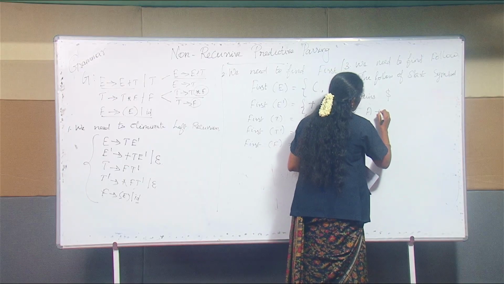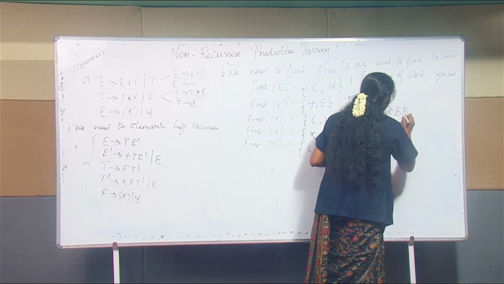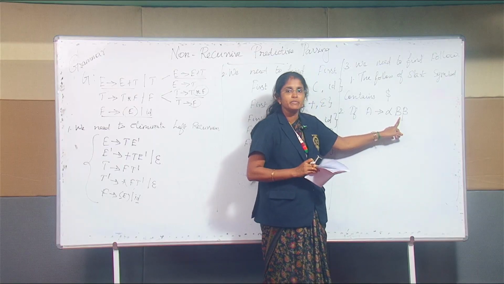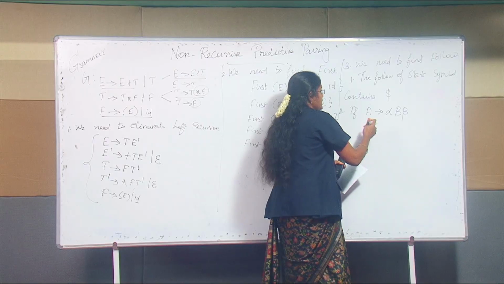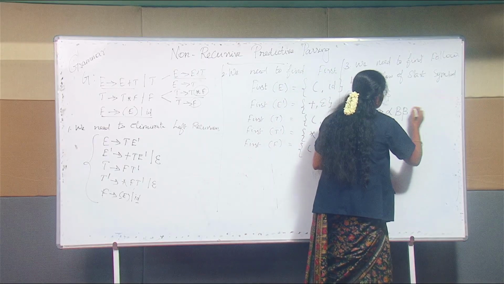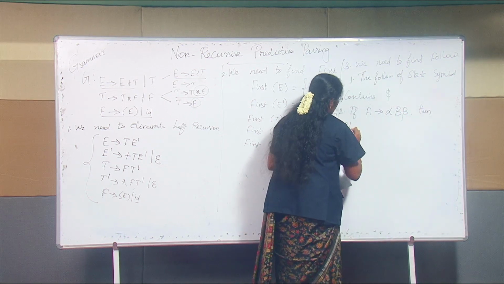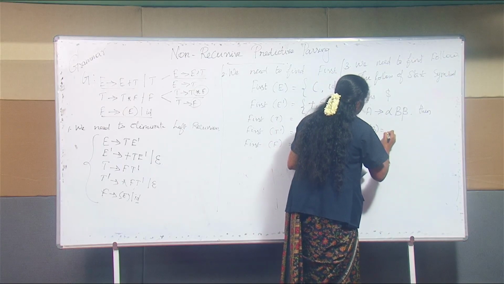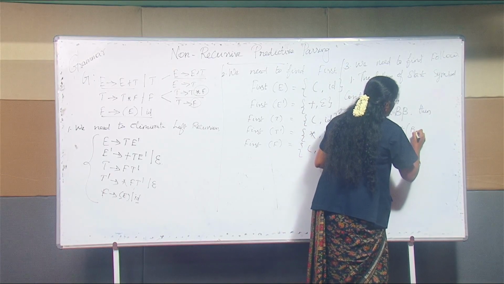if we have any production A tends to alpha B beta, and you are going to find the follow for this B element, that means the element which is present in between 2 elements, then follow of B is equal to first of beta.